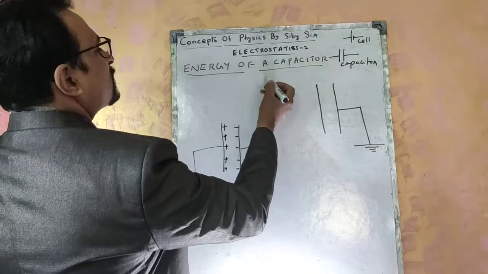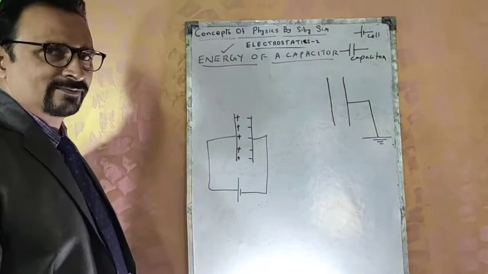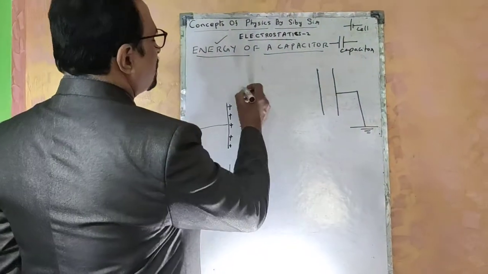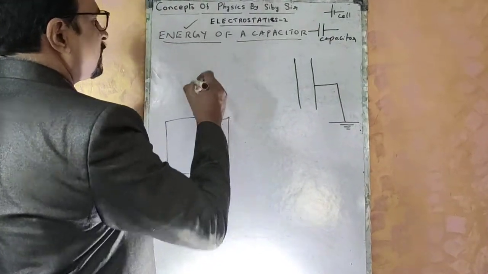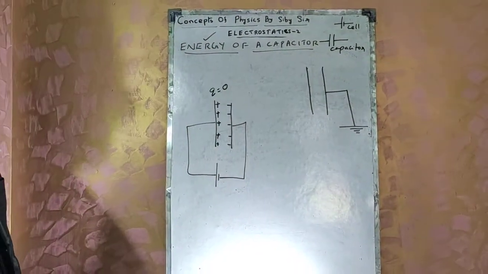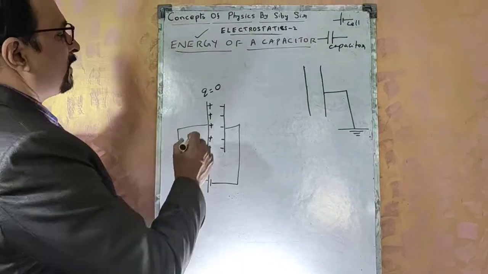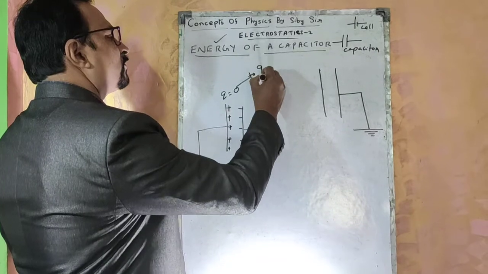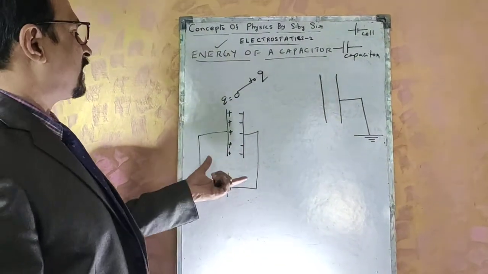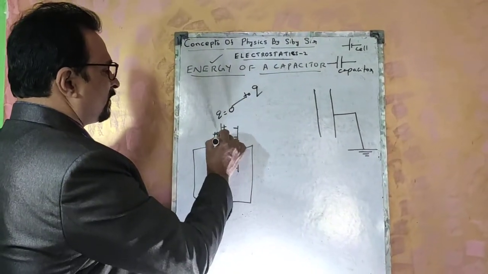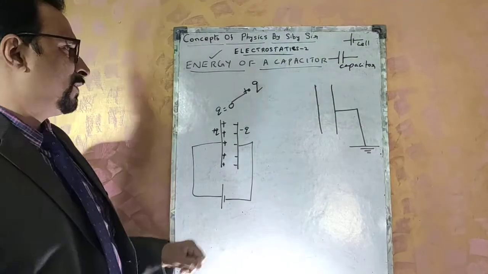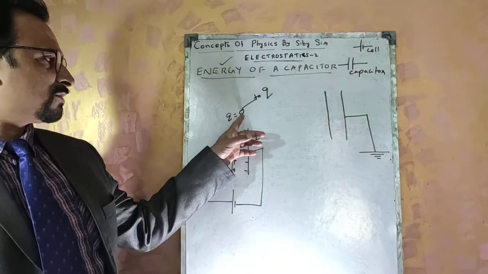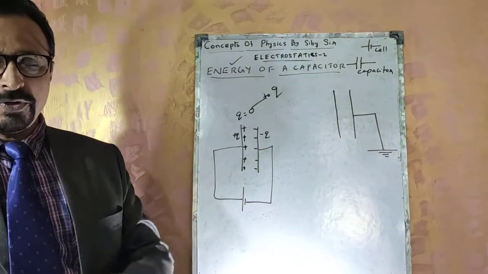You know that work done is called energy. Now consider this case. Initially, how much charge is there on the plate of the capacitor? It is 0. Now when you are connected to a cell or battery, the charge on the plates increases from 0 to Q. Suppose plus Q charge is there on this plate, and here minus Q. So in order to increase the charge on the plates of the capacitor from 0 to Q coulomb, who is doing work?